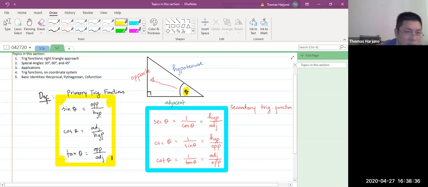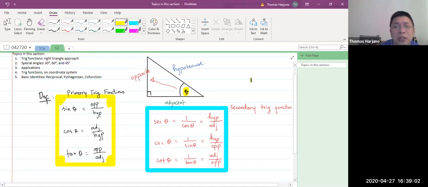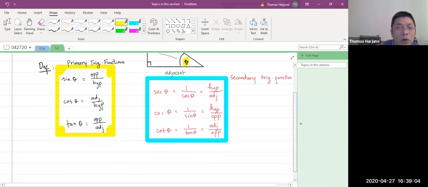Another reason is that your calculator has sine, cosine, tangent functions. They don't have secant, cosecant, cotangent. The reason is mainly that even in the theoretical approach, at our level right now, we focus on sine, cosine, tangent. Okay, now using this definition, let's take a look at some examples.